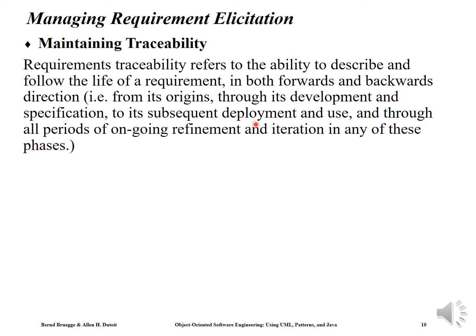So traceability enables developers to show that the system is complete, testers to show that the system complies with its requirements, and designers to record the rationale behind the system.